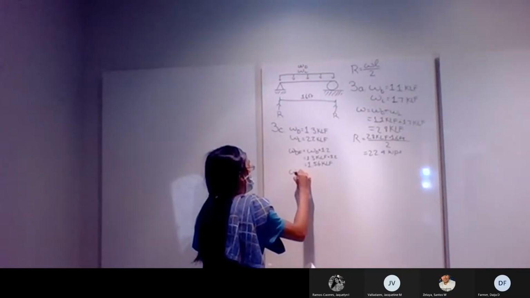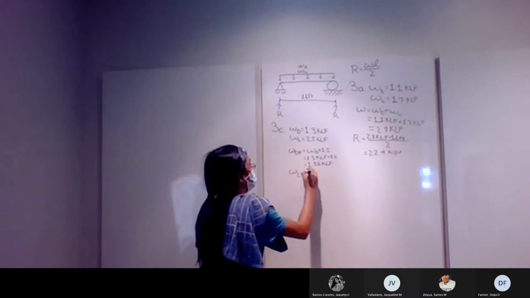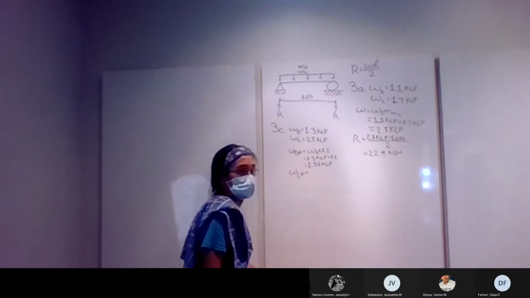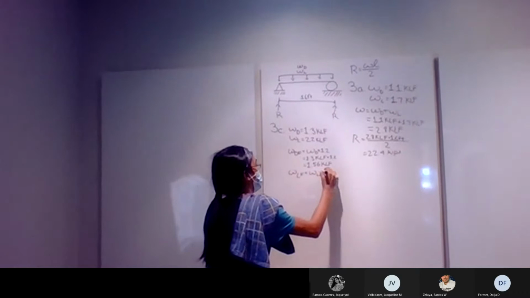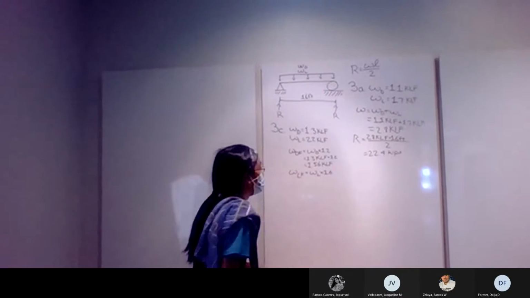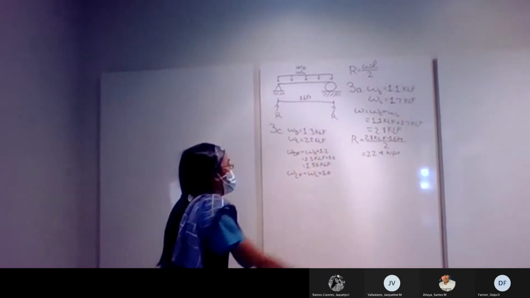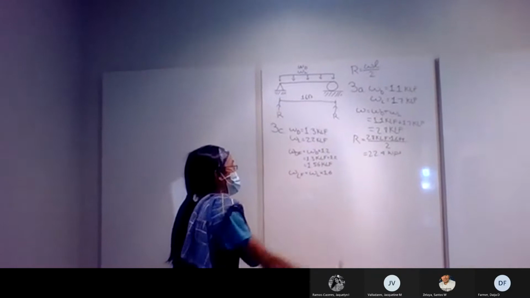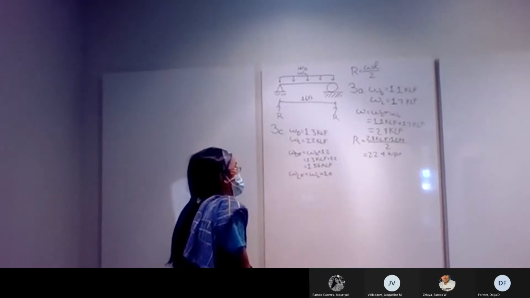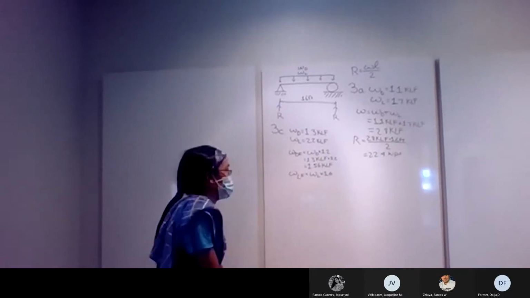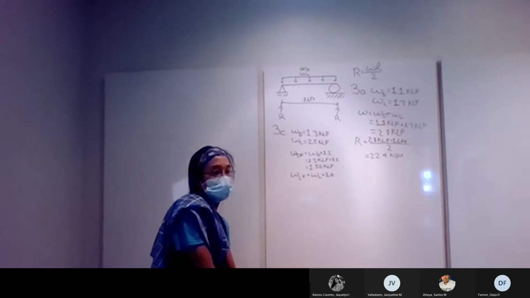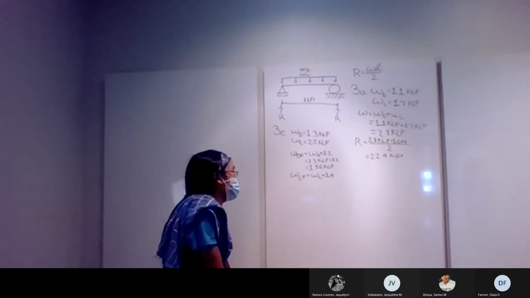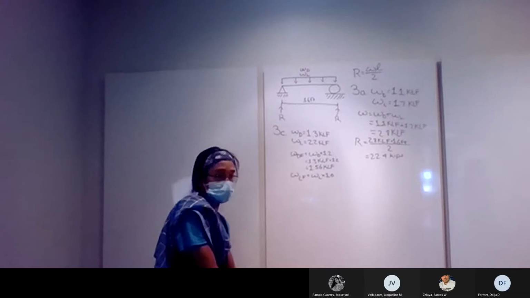Omega live factored. And so how do we get factored live load? We just take the live load, multiply it by 1.6. Now, why is the factor higher than the factor for the dead load? Well, I think it's just because there's just people, and people are more unpredictable than the actual structure of the building.